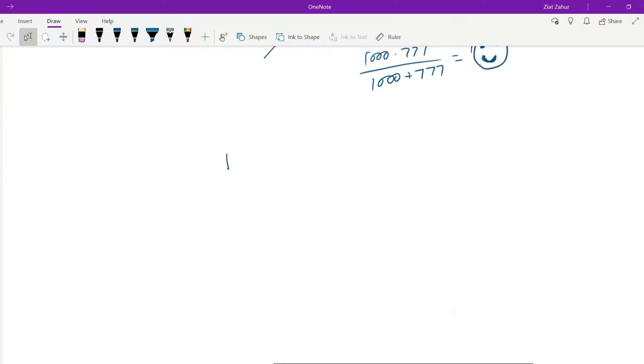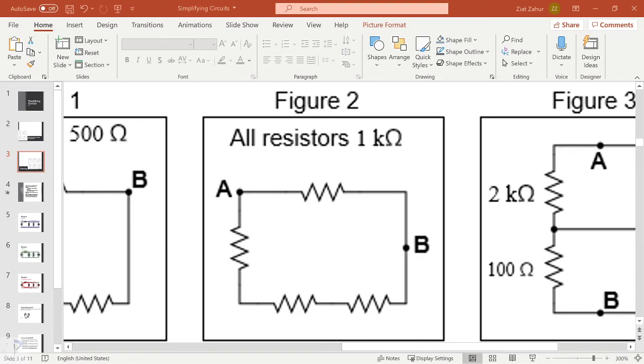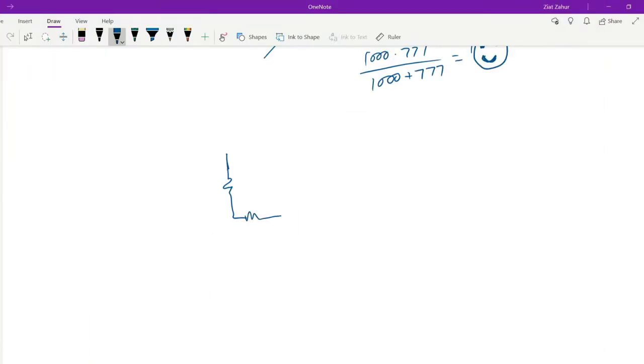So we have 3 in series. What did it look like again? Oh yeah. So if B is here, that means it's coming out and it's going in through here. So it'll flow through these 3 and then this one, and it'll go out this way. So that makes 3,000 and 1,000.